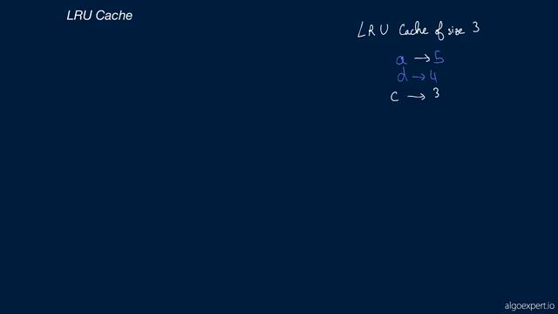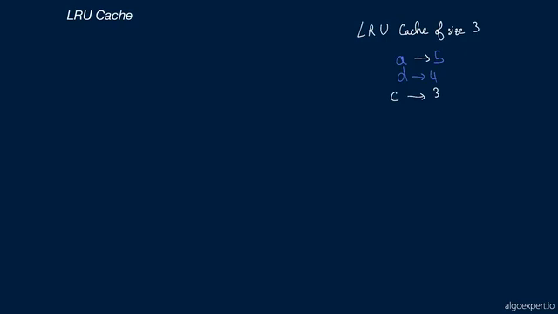If I tell you get the value from the key A, it seems as though the only data structure that will allow you to do that in O of 1 time is going to be a hash table. And then every other functionality of the LRU cache seemed to be satisfied by the linked list. So what if we combined the two and had a hash table that maps to nodes in a doubly linked list? So let's see what that would look like.